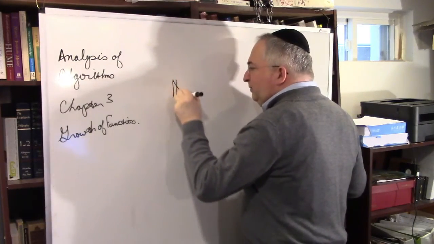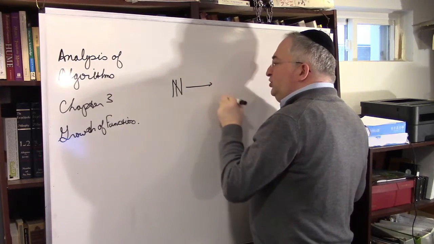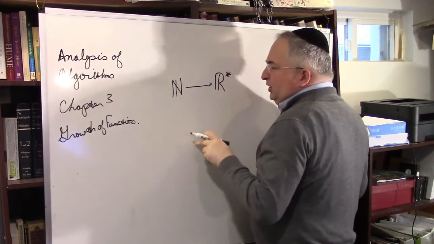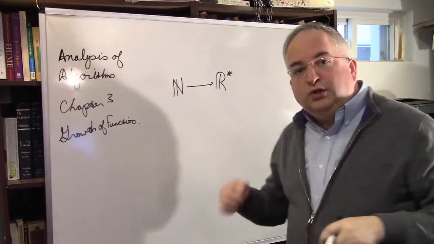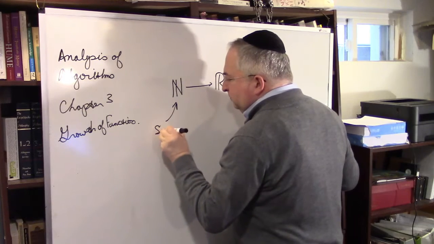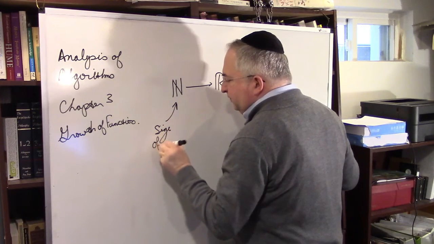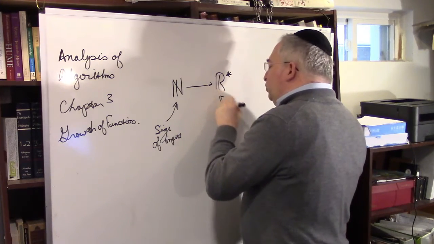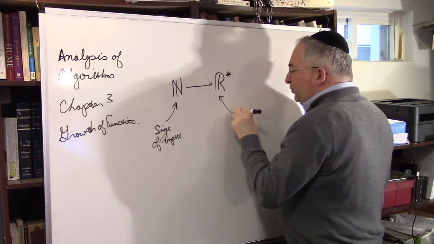To every algorithm, we're going to associate a function. The function is from the natural numbers 1, 2, 3, 4, that's the size of the input, to how much work is done, the number of operations.